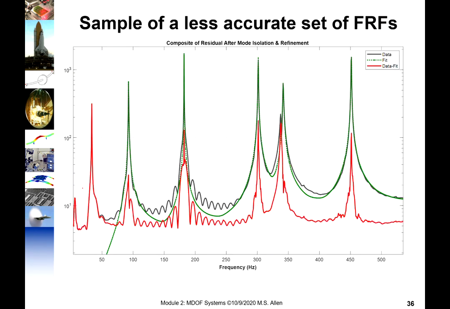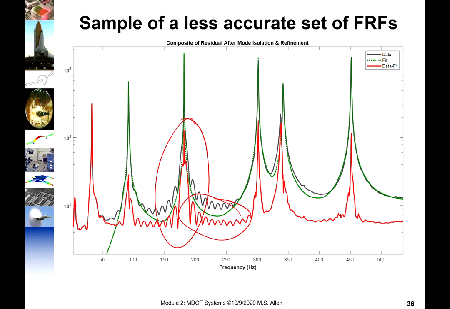This next slide shows an example of a not so good set of data. Here we see a lot of leakage right around this peak, so we're not able to fit it very well with the analytical model. You can even see the picket fence here due to the windowing and the leakage. Here a Hanning window I don't think was used, but the picket fence effect is still there, probably due to either a rectangular window or something in the force spectrum.